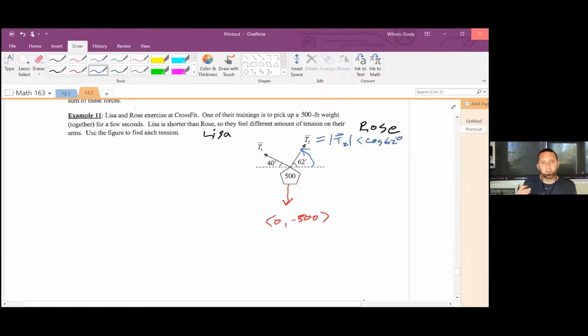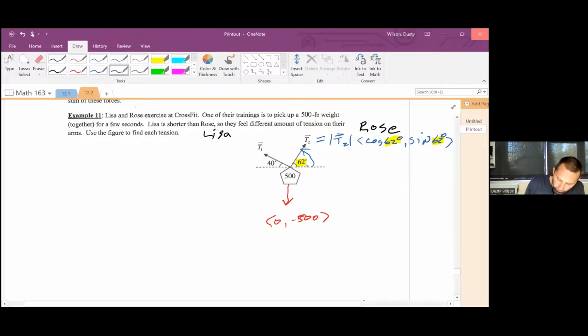That's 62 degrees measured counterclockwise from the positive x-axis, and then sine of 62 degrees. And this is the 62 showing up there. Again, x is going to be cosine, y is going to be sine, and our angles are measured from the positive x-axis.